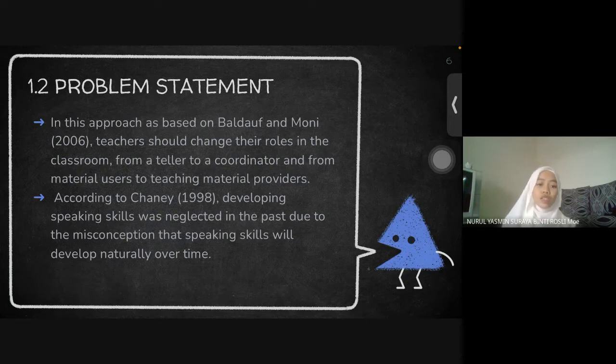All right. So, in student-centered learning, pupils are actually able to be exposed to authentic thoughts and real-life tasks that allow them to use the language in real-life situations.